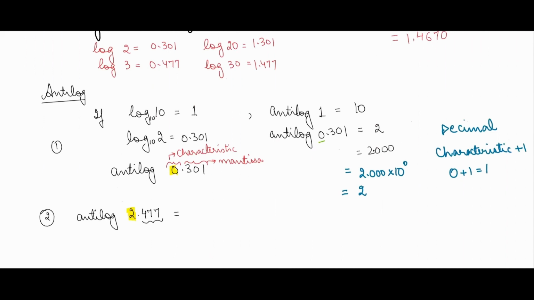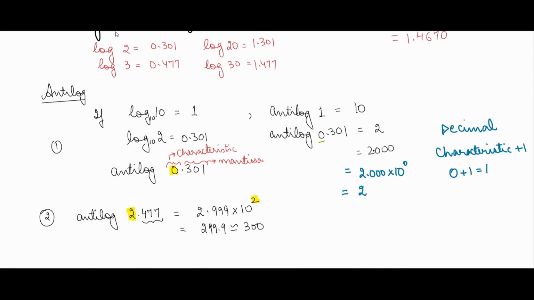I'll write this 2999. I write it as 2.999 into 10 to the power of the characteristic. So I get my answer as 299.9, which is going to be approximately 300. That's one way to look at it.